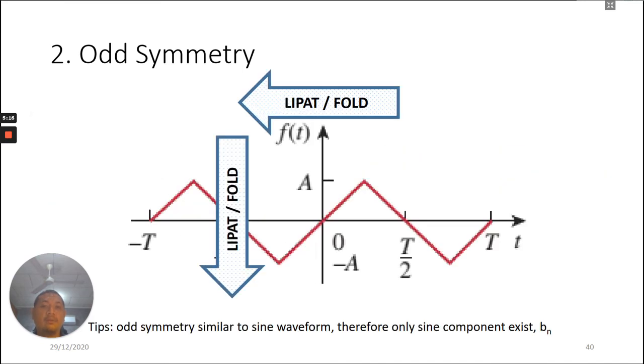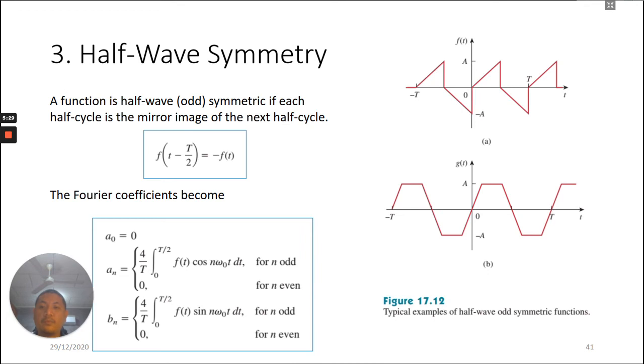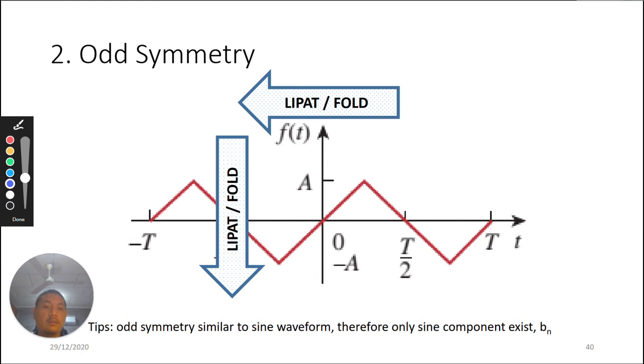There are two steps if you want to imagine it. First, fold the signal at this axis. If you fold at this axis, you will get something like this. The second step is to fold at this axis, and then you will get this.